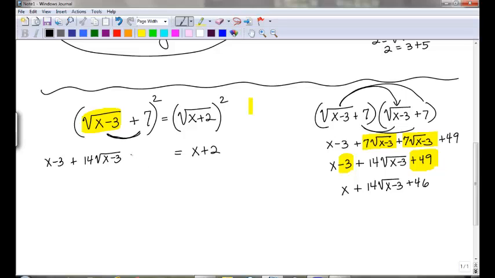And then square the last one, which would be 49. And then you go through and combine your terms. So you decide, do you need to write it out to square it, or do you need the shortcut? Can you do the shortcut? But anytime you square a binomial, you better end up with a trinomial square. This is a trinomial square. It might not look like it, but it is.